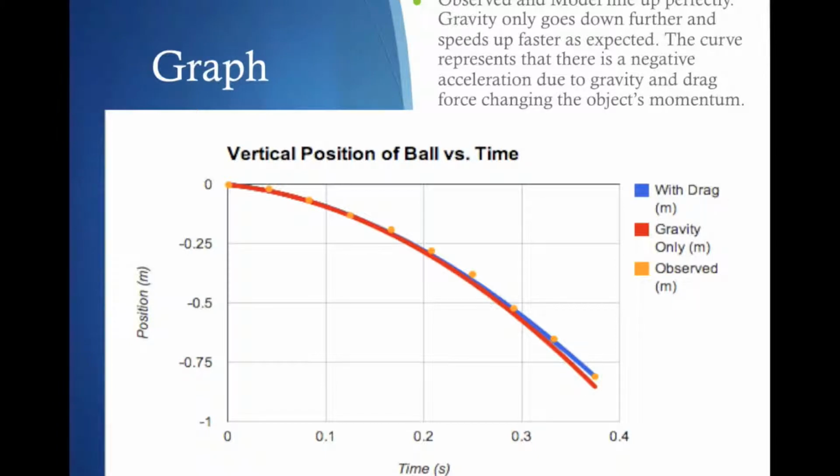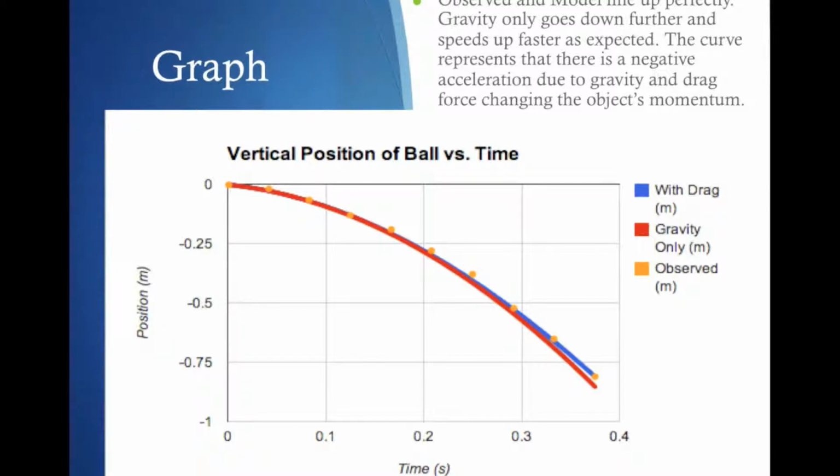So when you graph all those together, you can see that the drag force model lined up perfectly with my observed data, and gravity did not, which was expected. And gravity also went further down in position than my observed data, which also was expected.